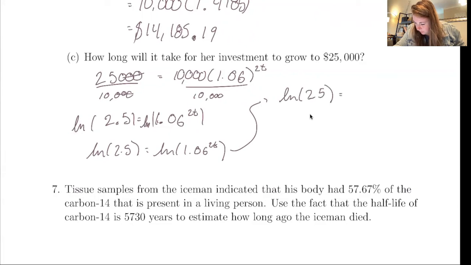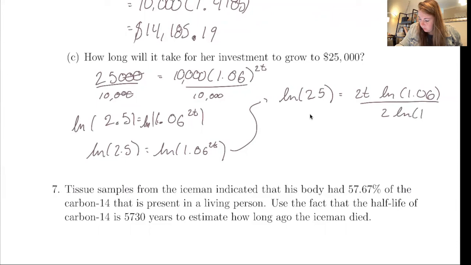So I'll have 2T ln of 1.06. And then I just want T, so I'm going to divide by 2 ln of 1.06.